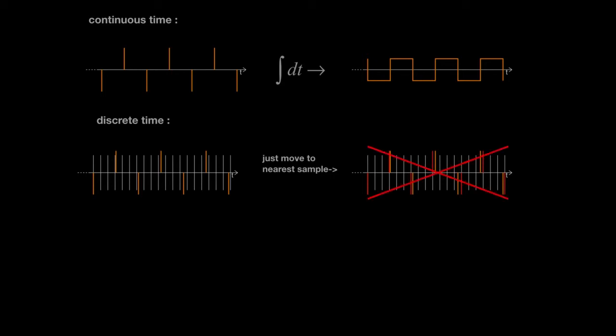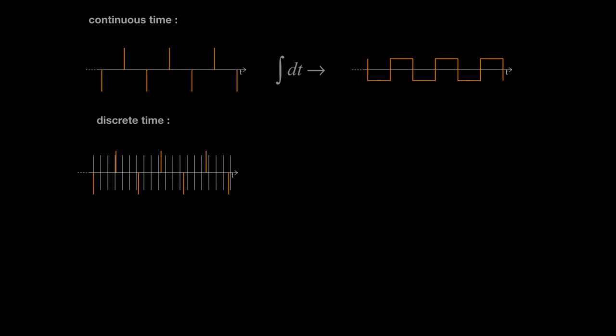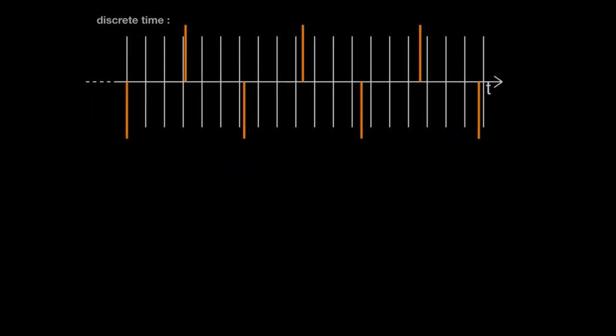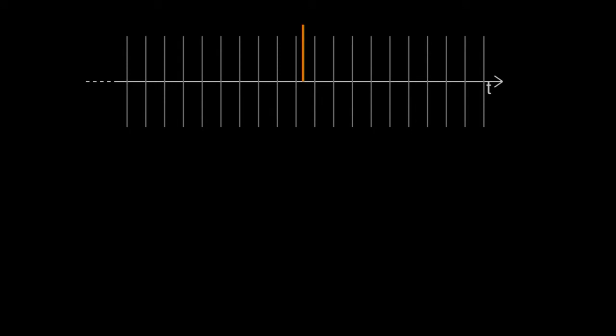Okay. It's not the case. It would be a strange thing. So what we do instead, we look at only the one sample here. If you know the sampling theorem, you know that there is an exact mathematical formula to say what all the values of these samples should be to represent this one.